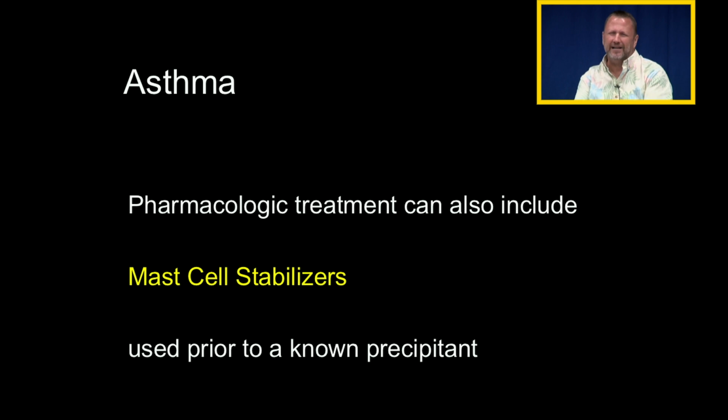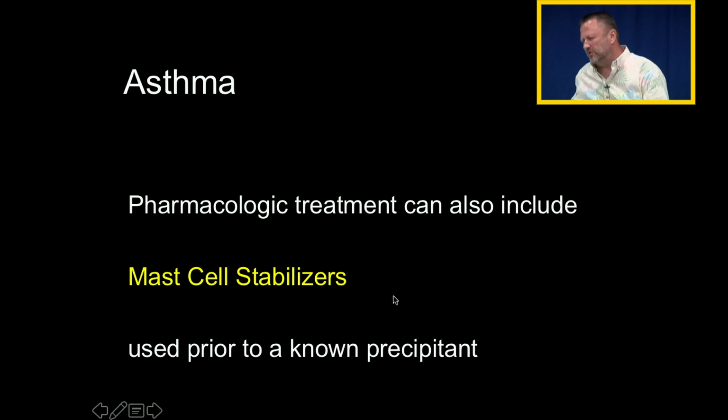Let's talk about the mast cell stabilizers. All right, the mast cells, remember, they release histamine and leukotrienes, which make asthma worse. And so if we can prevent that from happening, then we can help control asthma, but we have to do it in advance. Once the horse has left the barn, it's no help to close the door.